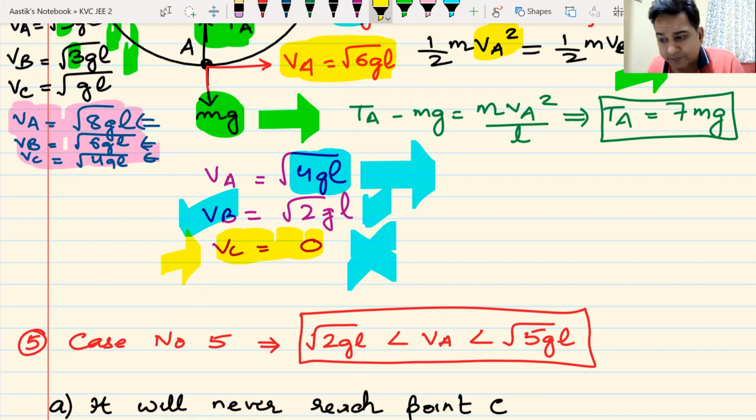It is not coming negative. It is coming 0. It is possible that it reaches there with 0 velocity. Now I am saying that it is not possible to reach point C. So before the velocity becoming 0, something else happens. What is that something else that happens?